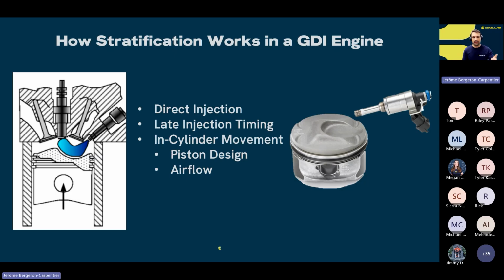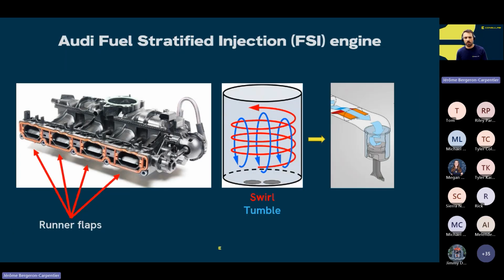When we say we need to have some in-cylinder movement, we are talking about piston design and airflow. Airflow is super important in those engines and that strategy. And a really cool type of engine that uses most of the airflow to do the stratify type of combustion is the Audi fuel stratified injection engine, the FSI.